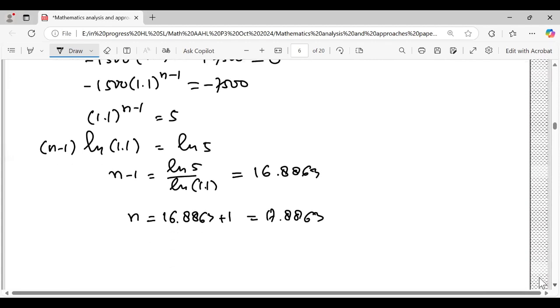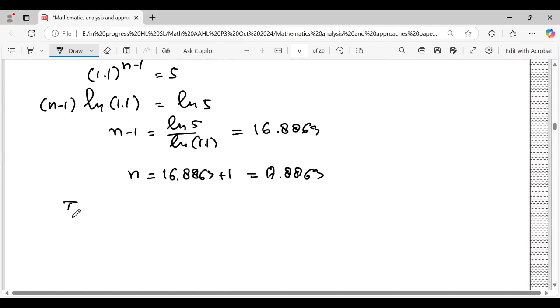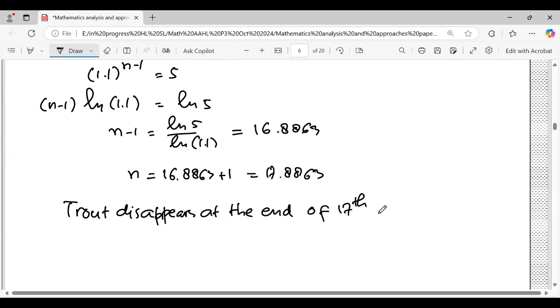So we can state that trout disappear at the end of the 17th year, or at the start, or at the beginning of the 18th year.